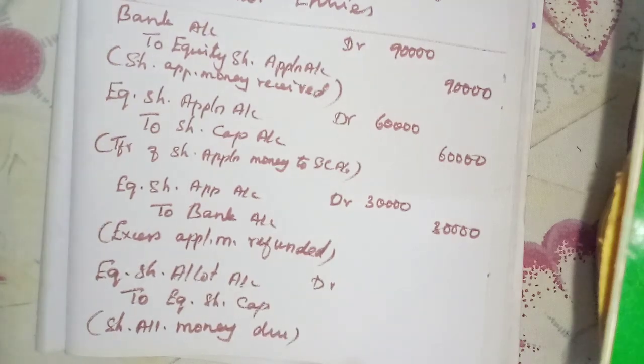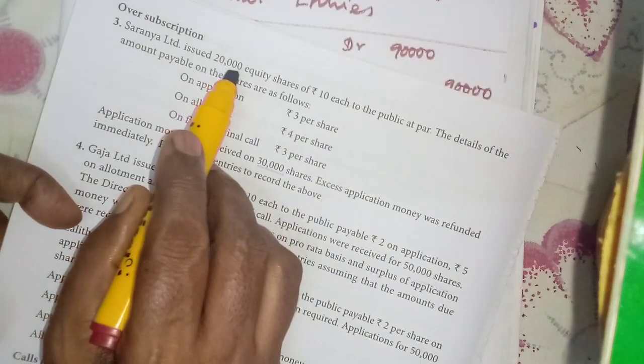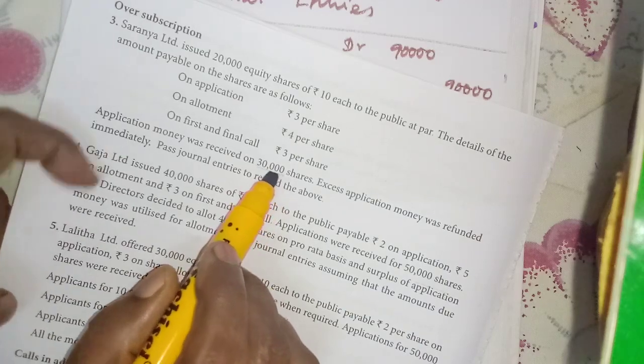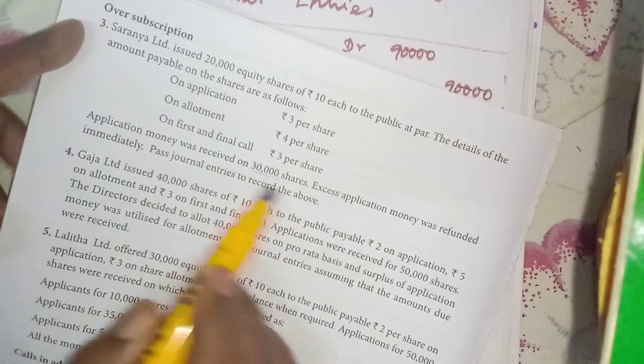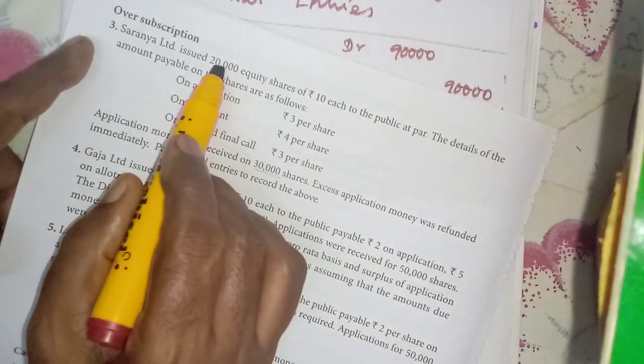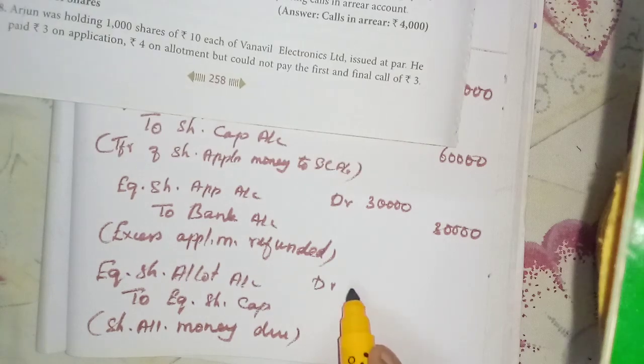Now you have to take only the 20,000. Forget about the 30,000; that was only for the application and for refunding. Now you see only 20,000 into 4, which is 80,000.